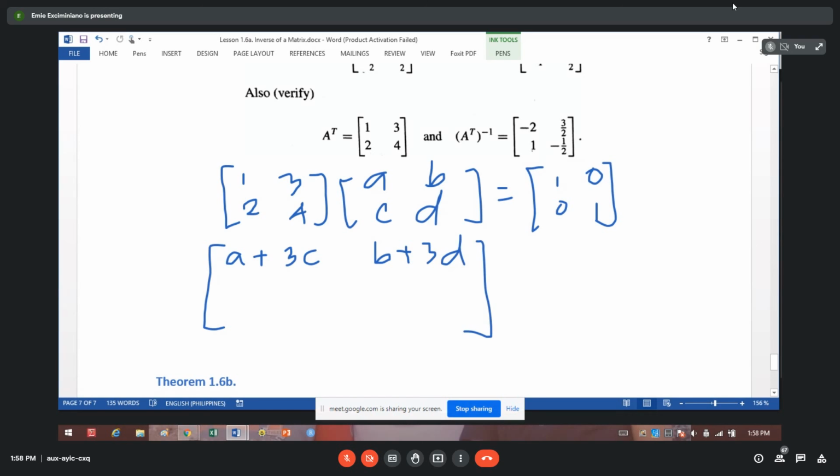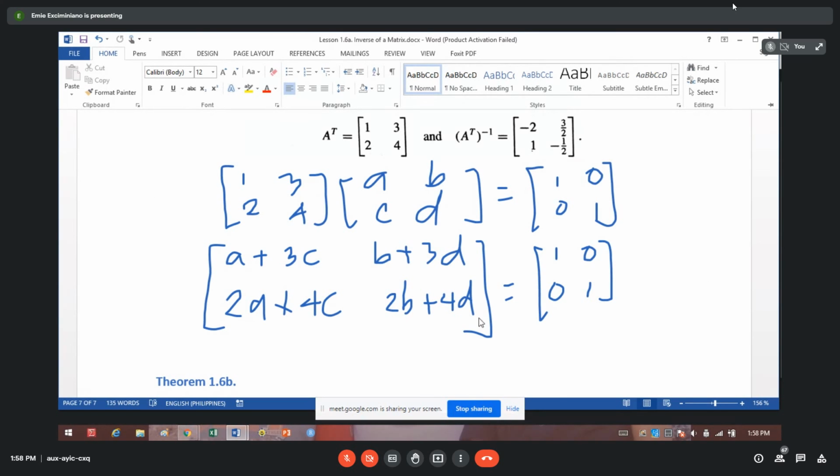Tapos, dito sa baba, we have 2A plus 4C, and then 2B plus 4D. Again, yan ay equal daw sa identity matrix natin. And then, can we solve it?